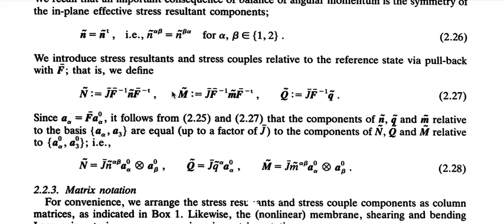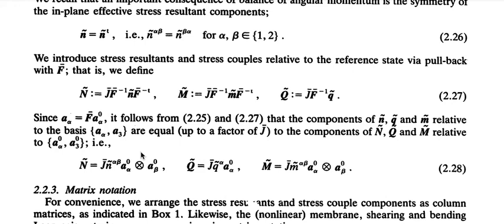So basically we are not changing the force. It is still acting in the current configuration, and its magnitude is what is there in the current configuration. Only thing is that we are now representing that force in the convected basis, which is corresponding to the original undeformed shell configuration.